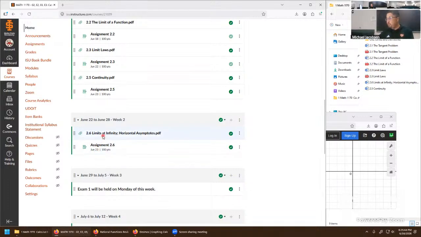So we're now in section 2.6. As far as 2.6 goes, these are different kinds of limits. They come back when we're in chapter 4, applications of the derivative with L'Hopital's rule. Really, it's all about horizontal asymptotes. But if you know you're taking calculus 2, the skills you learn here in section 2.6 come back massively in one infamous chapter, chapter 11, which deals with Taylor series, Maclaurin series, power series, and so on.